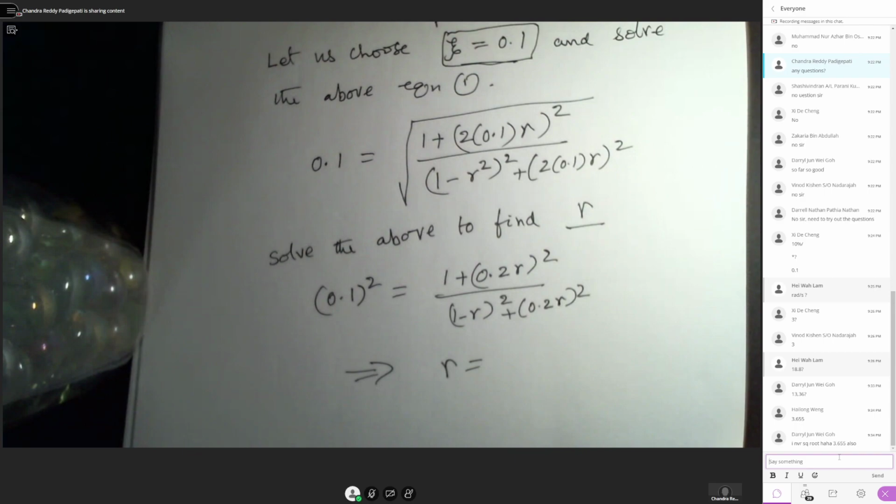Now, without taking the square root, it is difficult to solve. Any other answers? Darren is giving 3.655.